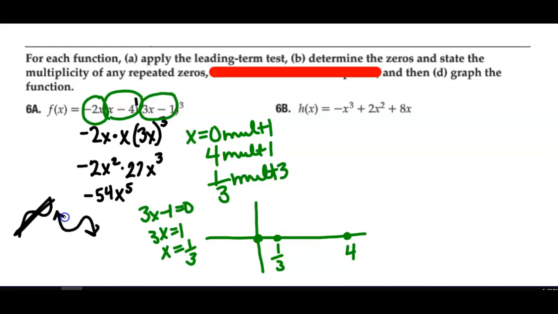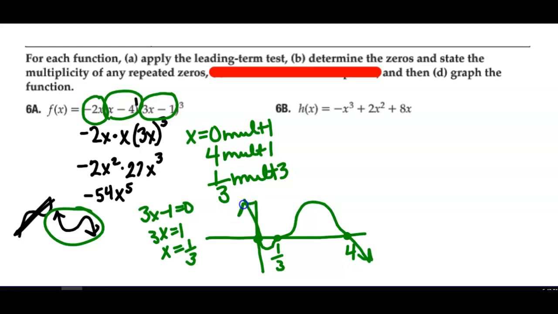Remember we talked about degree 5, negative though, so it's coming from the top. So it does cross again, but it does a little inflection point there because of a cubic, but you wouldn't have to do that, and cross here.